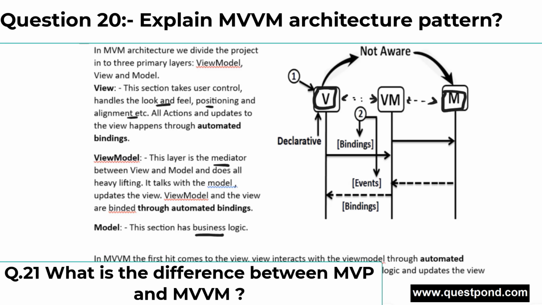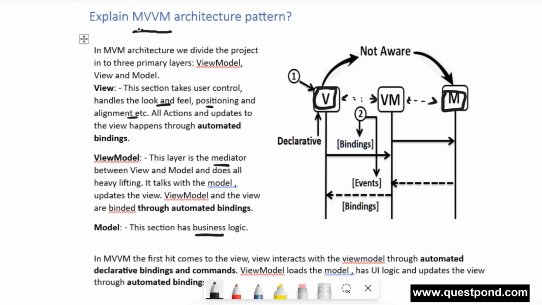Now one of the questions the interviewer can ask you is, what is the difference? The biggest difference between MVVM and MVP is that they have automated binding, declarative binding and commands. In other words, in case of a presenter, we have to write code to update the UI or to take the data from the UI, right?